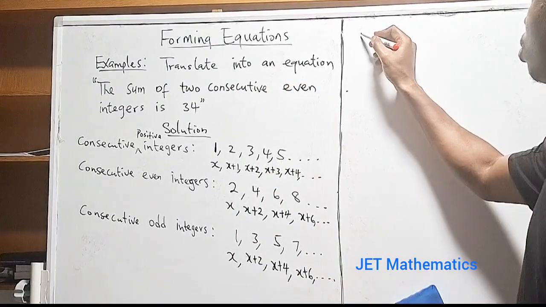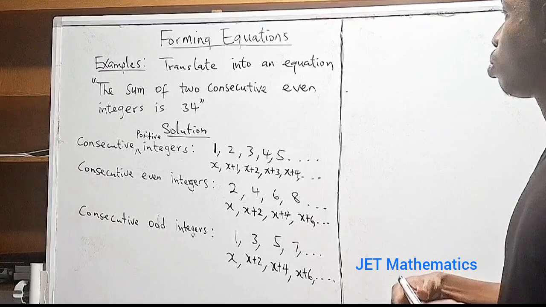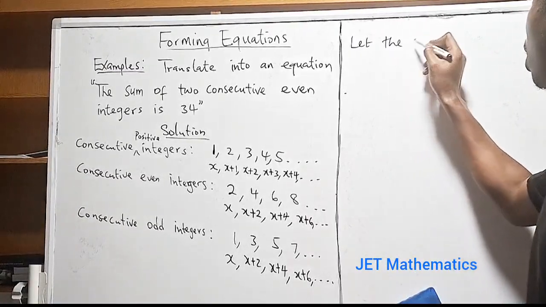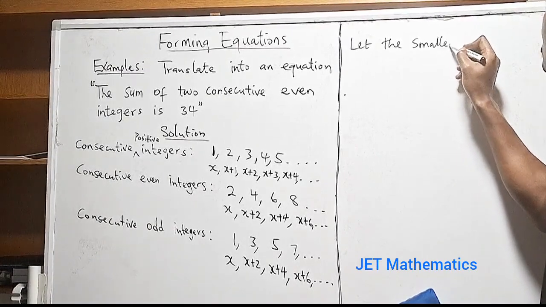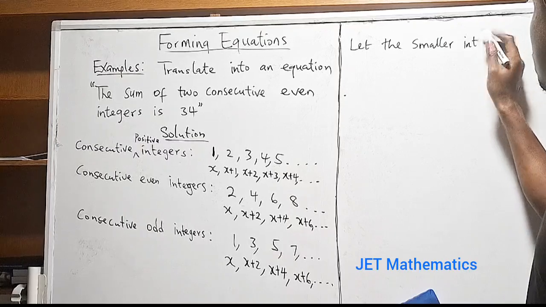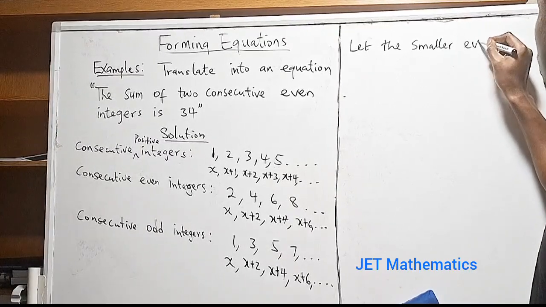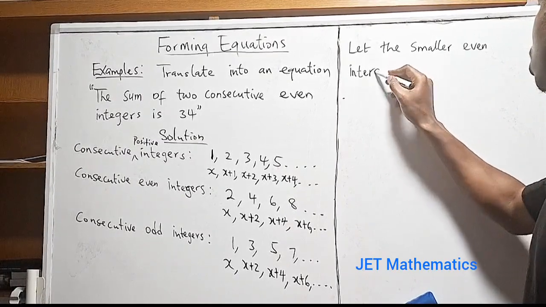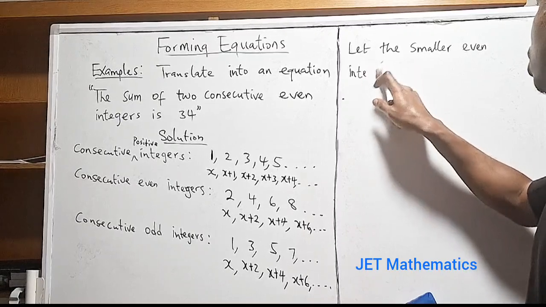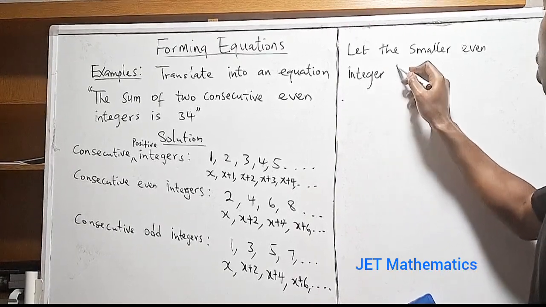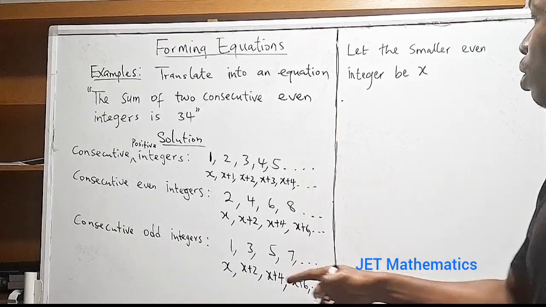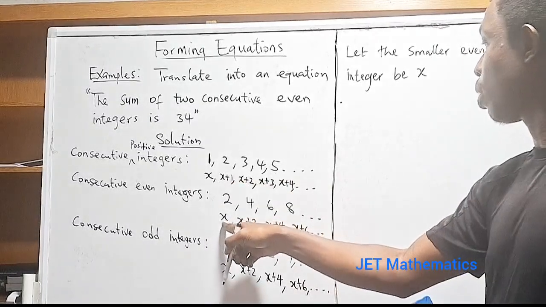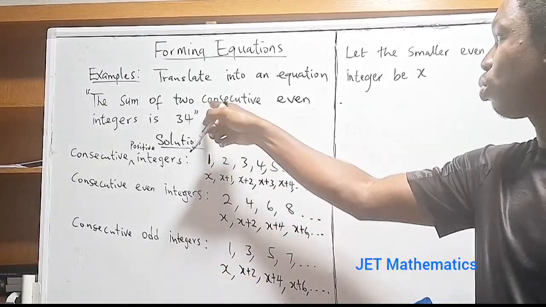To solve the problem on the board, we say let the smaller even integer be x. So if the first one is x, we're looking at even integers, just two consecutive.